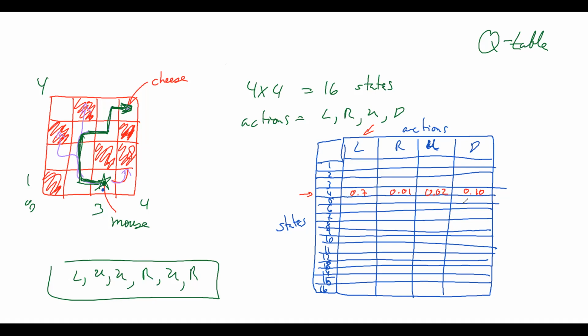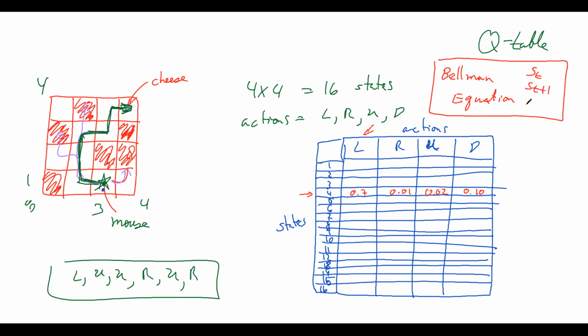Now the question is, how do you learn those values? So the way that you learn is that every iteration, you're in a state, you take an action, you get a new state, you figure out the reward, and you take all of those parameters and run them through an equation called the Bellman equation. The Bellman equation is nothing more than a formula that allows you to take the previous state, t, the new state after taking an action, t plus 1, the action, and the reward, right?